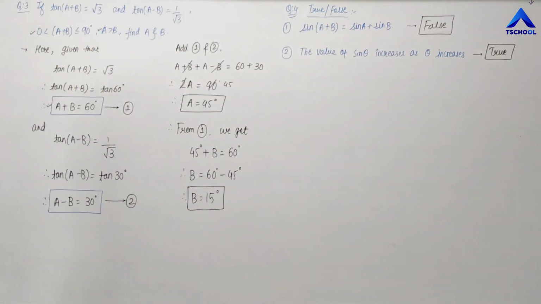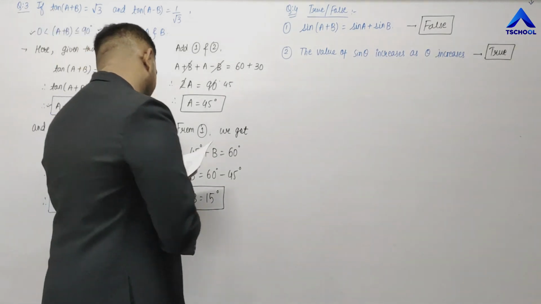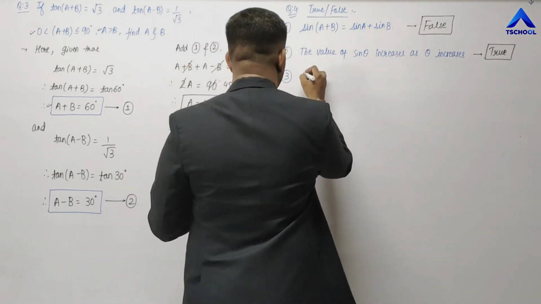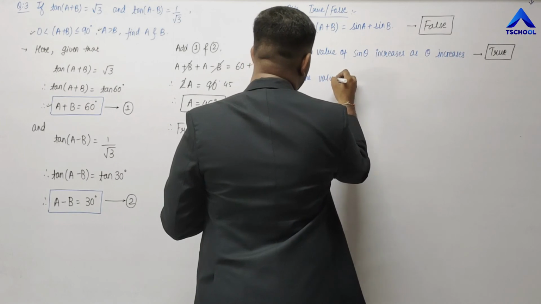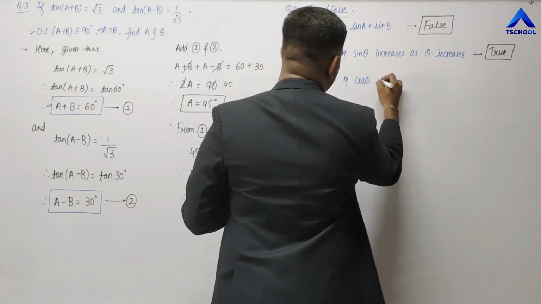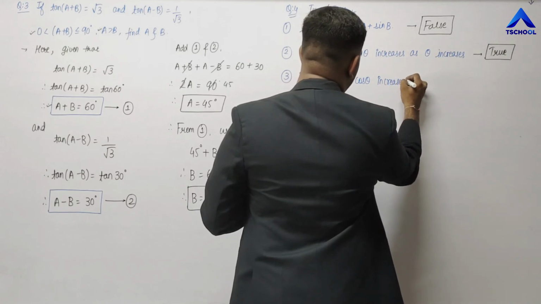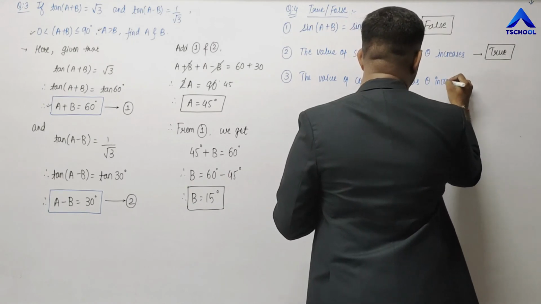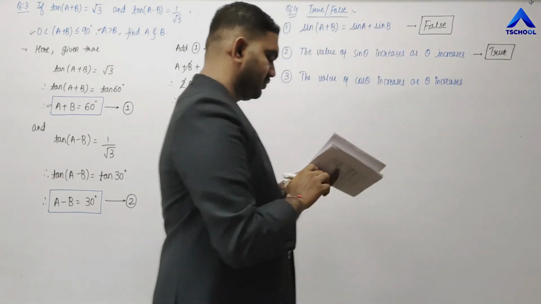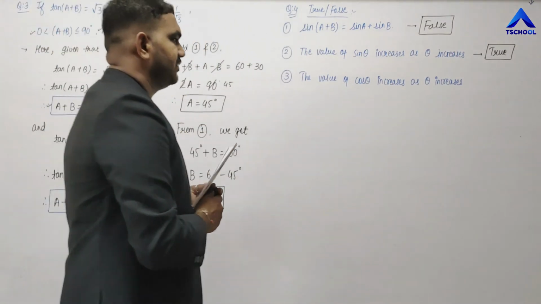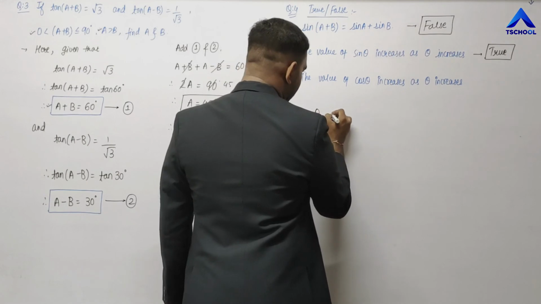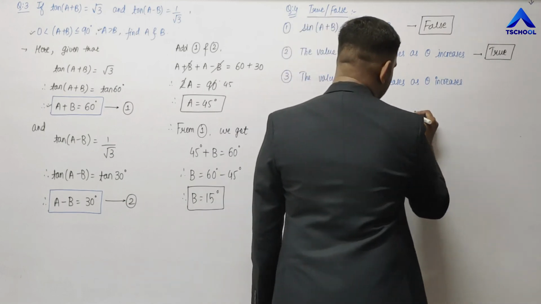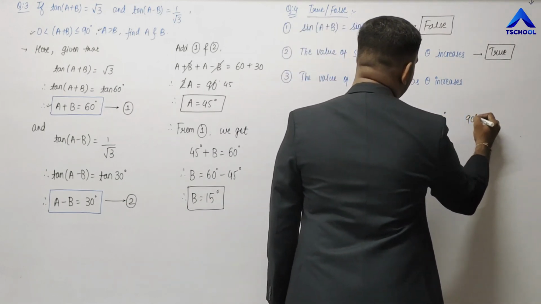The second one. Let us see the third one. Again, the statement is similar, but the ratio differs. The value of cos theta increases as theta increases. Again, let me make you understand. Now what shall we look for? Theta 0 degree, 30 degree, 45 degree, 60 degree and 90 degree.